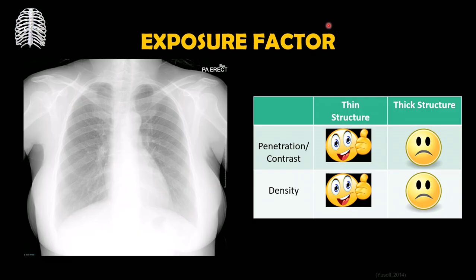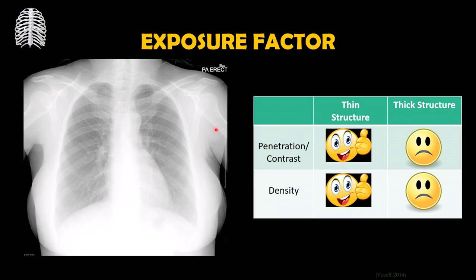For density and detail, the thin structure, which is the air-filled trachea, can be seen until the carina, whereas the thick structure, which is the bony trabecular pattern of the upper thoracic vertebrae, cannot be seen. This indicates that mAs is also insufficient for detail and density.